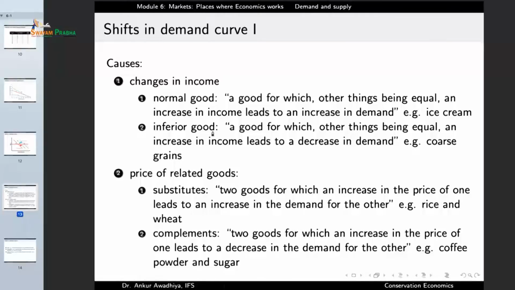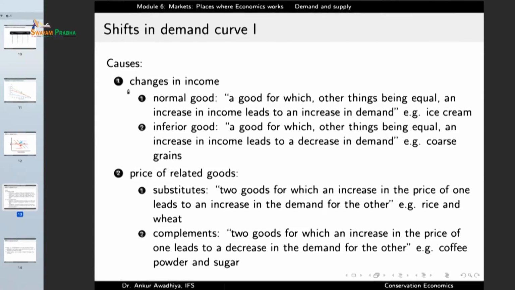Will you be eating more and more of these coarse grains or will you shift to finer grains? The answer is you will shift to finer grains. Probably you will shift your food habits to incorporate more milk or more fruits or more meat. So, in that case, the quantity of the coarse grains that you were demanding will go down. So, this is an inferior good, a good for which, other things being equal, an increase in income leads to a decrease in demand, such as coarse grains.